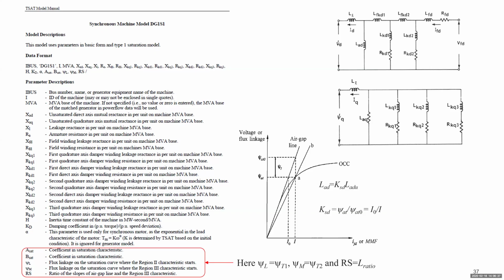You can tell it's like XKQ1, RKQ1. So they follow exactly the same notation in those two circuits. And the last part gives you 5 parameters to model saturation. Those exactly match the 5 parameters we just talked about: A, B, the first boundary, the low boundary, the middle boundary, and the last one is the slope.